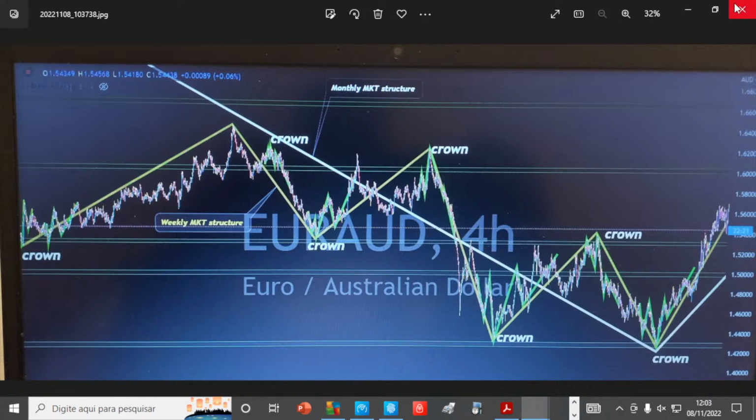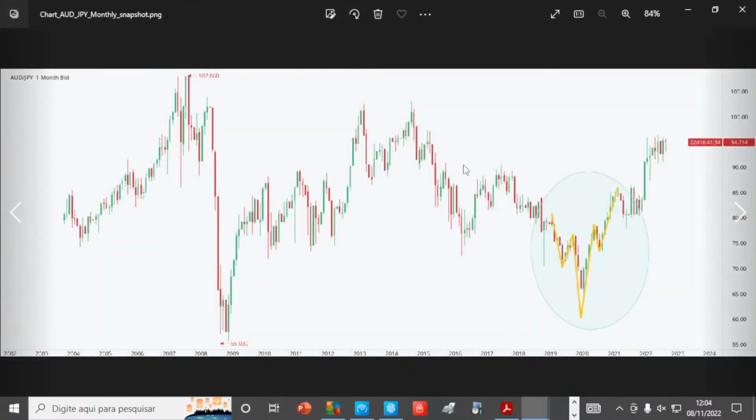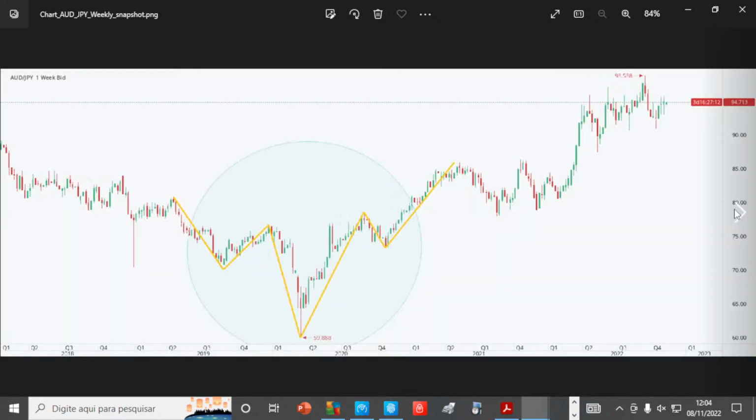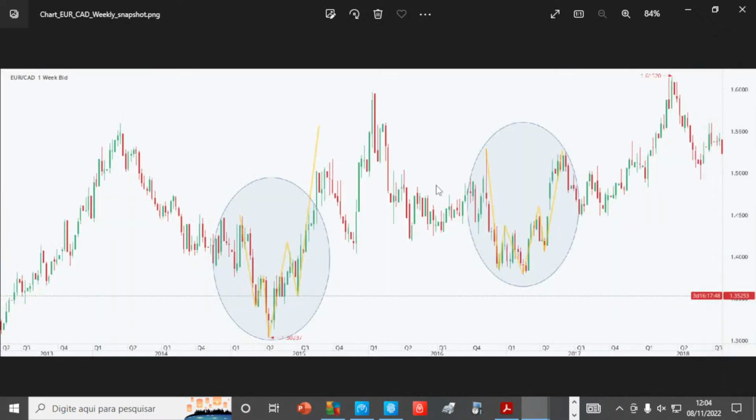And another student, Sila, if I correctly pronounce the name: AUD/JPY monthly chart, crown, good job, very good. AUD/JPY weekly chart, crown, very good. AUD/USD weekly chart, crown, very good, congratulations. EUR/CAD weekly chart, crown in here too.